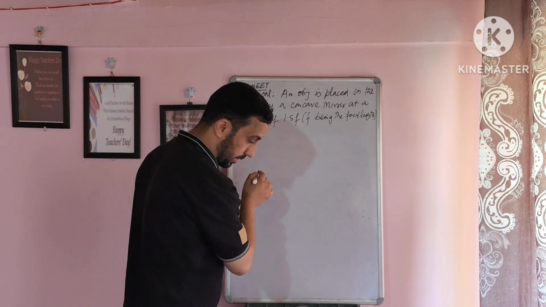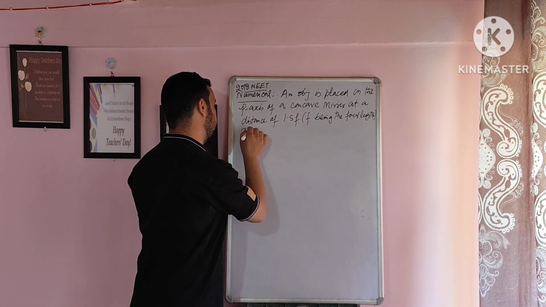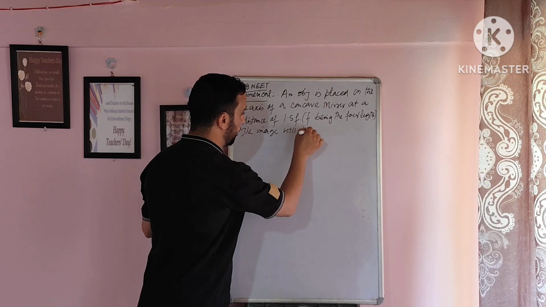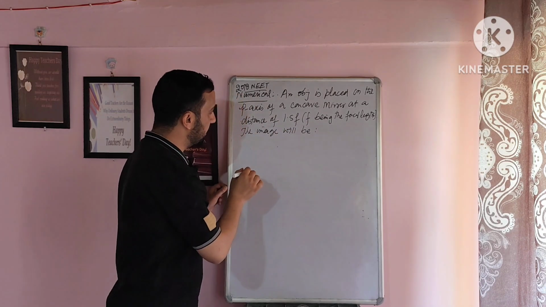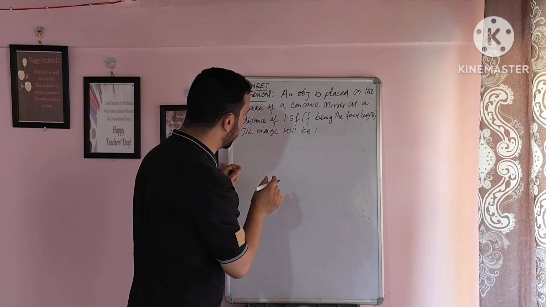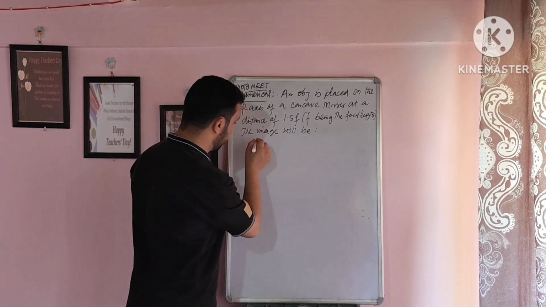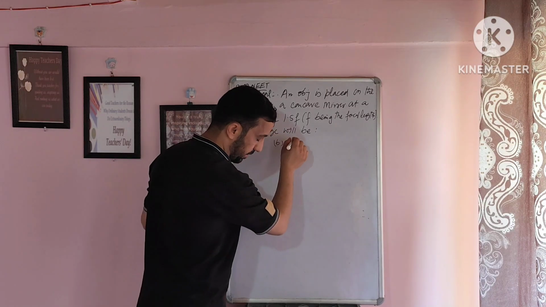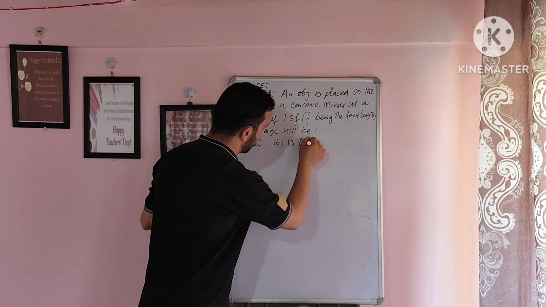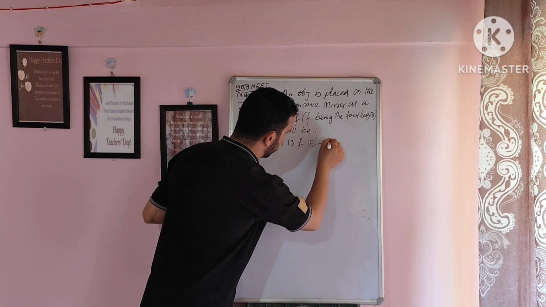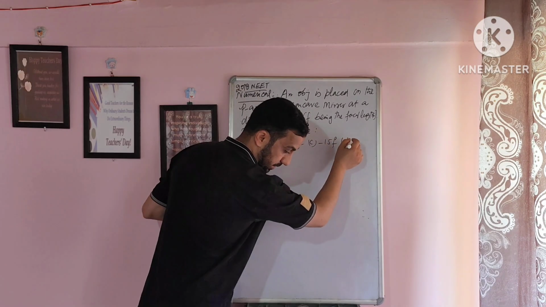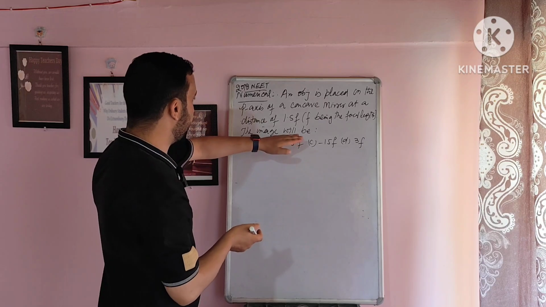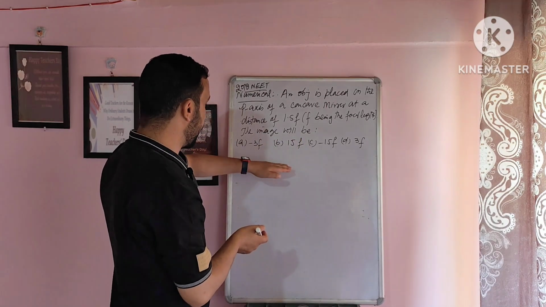What you have to calculate is where the image will be formed. There were 4 options asked: option A is minus 3f, option B is 15f, option C is minus 15f, option D is 3f. These options are given and you have to choose the right and appropriate option.